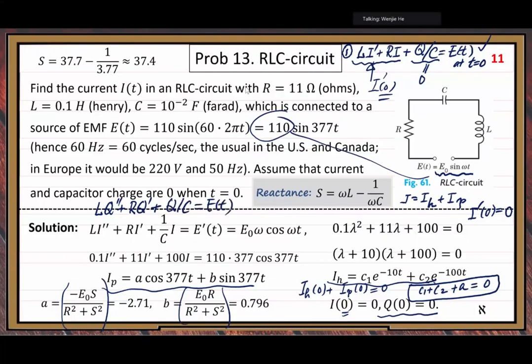We use this version. This second order ODE, this time we have the initial condition Q, but the I is Q prime, right? So we can have Q prime of 0 also equal to 0. That can be solved.